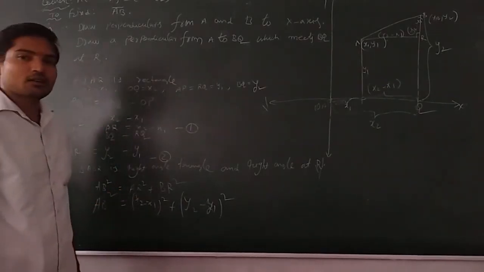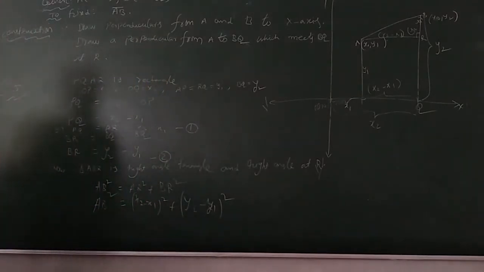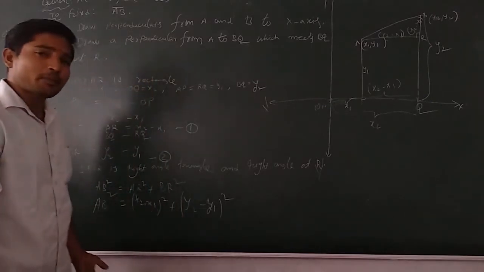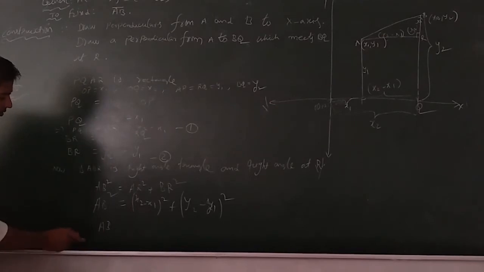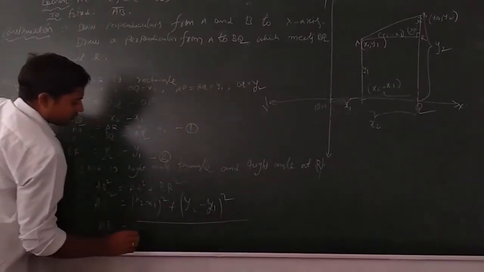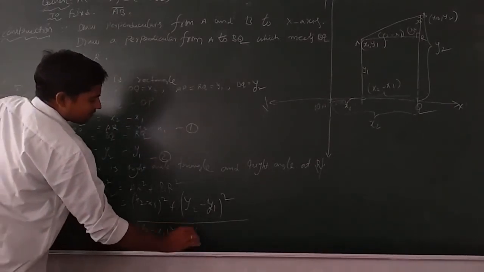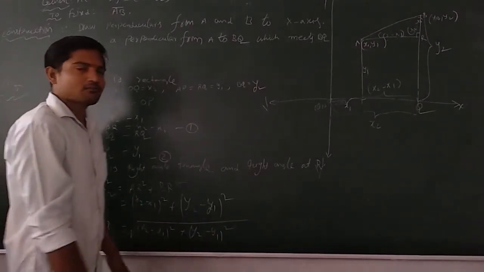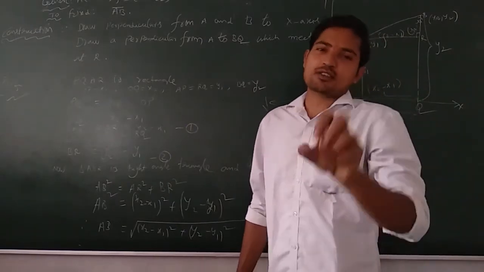What I got here is only AB, the distance between A and B, otherwise the length of AB. Therefore AB equal to square root of x2 minus x1 whole square plus y2 minus y1 whole square. Clear? So like that we can find the distance between any 2 points that are given.